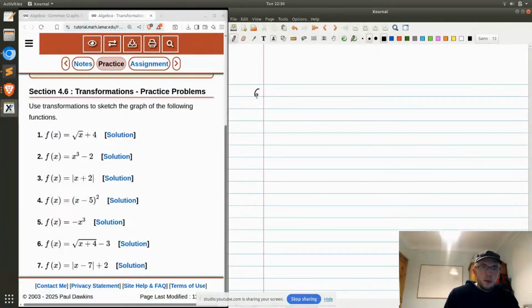For the next problem, we are applying two transformations to the base function. Generally speaking, it's sort of like we're doing this. Base function is the square root of x. So what do I do?